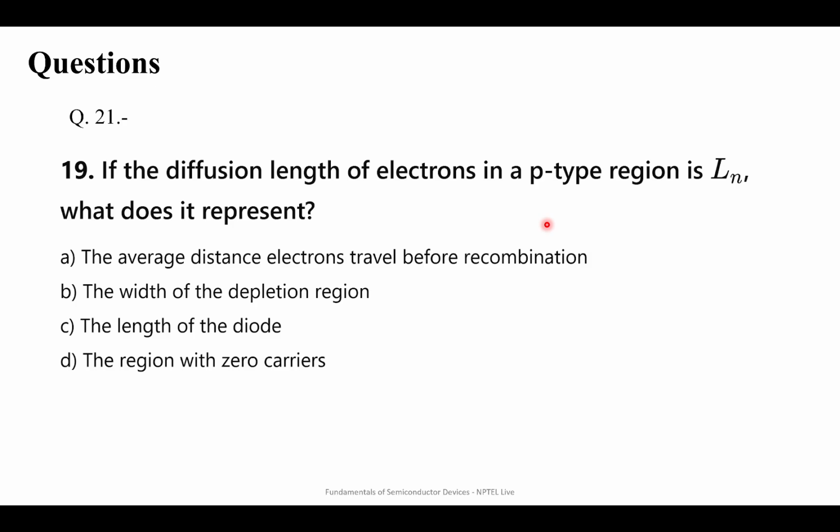The average distance electrons travel before recombination, the width of the depletion region, the length of the diode, or the region with zero carriers? So which of these tells us about the diffusion length of electrons?